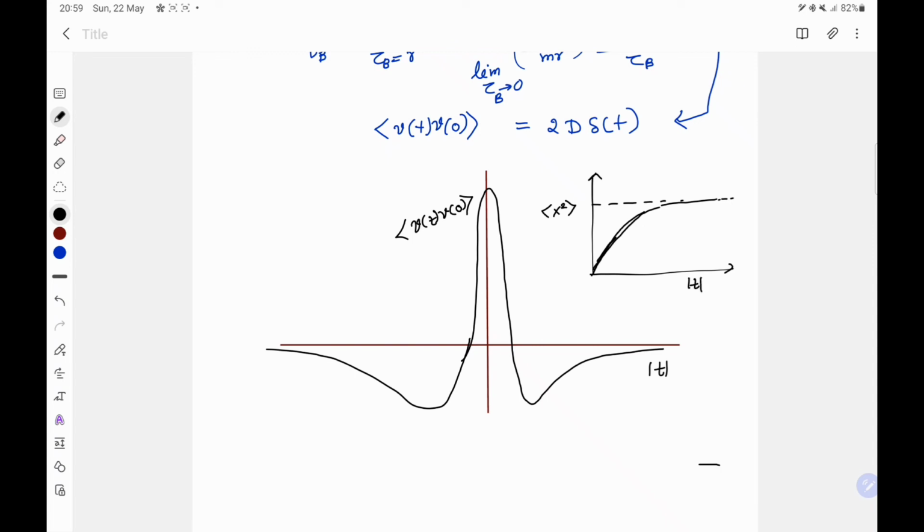So you see how this potential affects the harmonic oscillation. The fluctuation dissipation doesn't change. The velocity correlation now has a very sharp peak at time t equal to 0, and then it saturates. For the free particle it was exponentially decaying with the time lag.